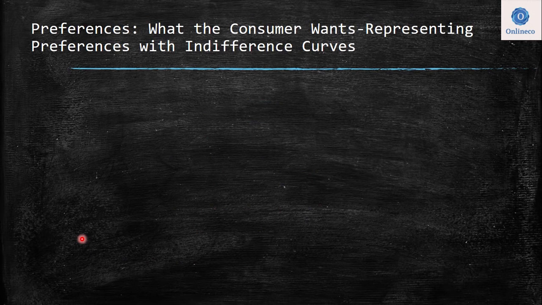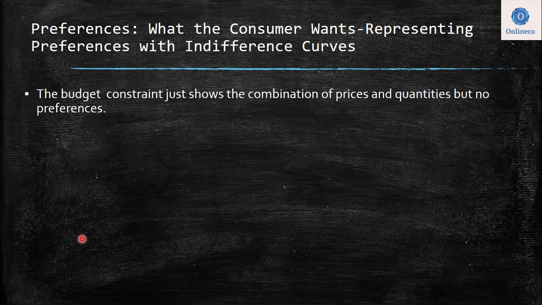So the preferences, we already constructed the budget constraint. Obviously, this is just monetary, but we need to complement it with something else. So this is what we are going to talk about now, the preferences. So the preferences, what the consumer wants, representing preferences with indifference curves.